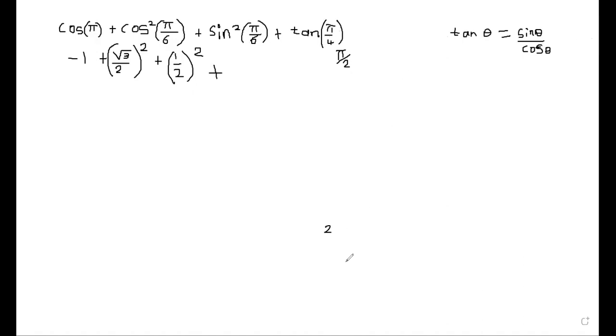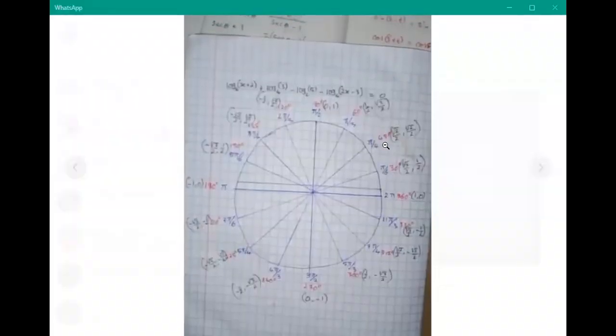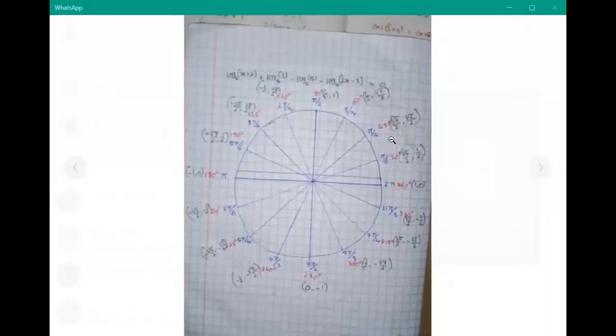So let's go and check out pi over 4. Where is pi over 4? Here is pi over 4. And the sine and the cosine are the same. It's root 2 over 2.